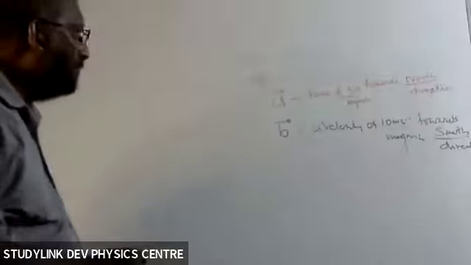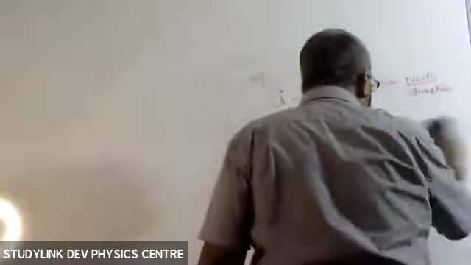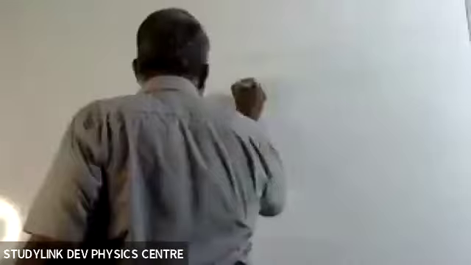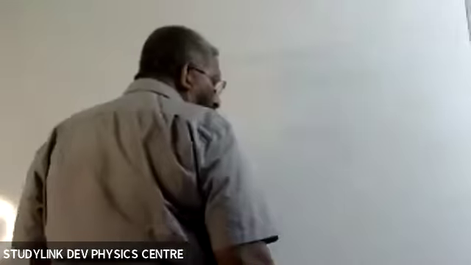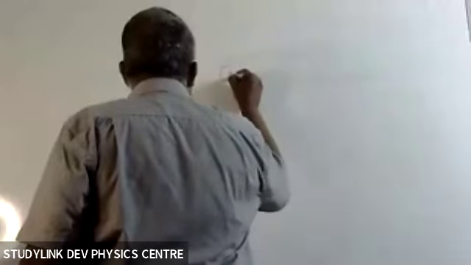Right. Now, a vector can be represented by a straight line. That is called geometrical representation.